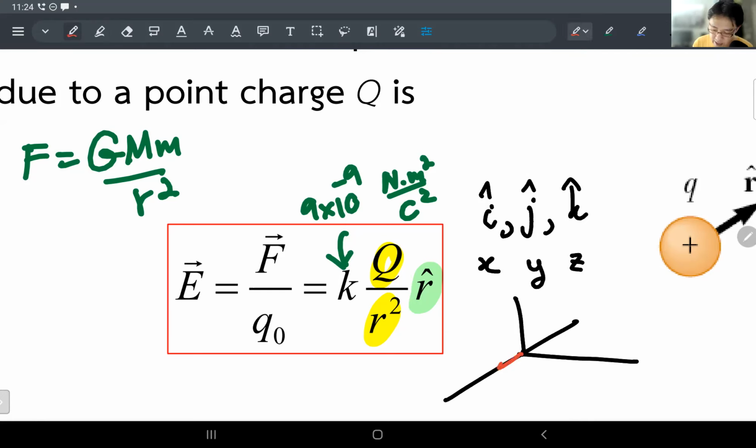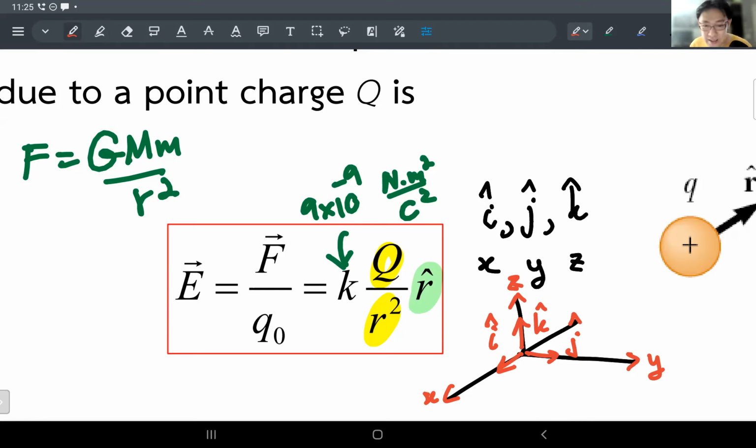You can have i hat pointing along x, j hat pointing along y, and k hat pointing along z. That's ijk. But this is a different thing. Imagine the i hat vector. It's pointing in the positive x direction all the time. Does that make sense?